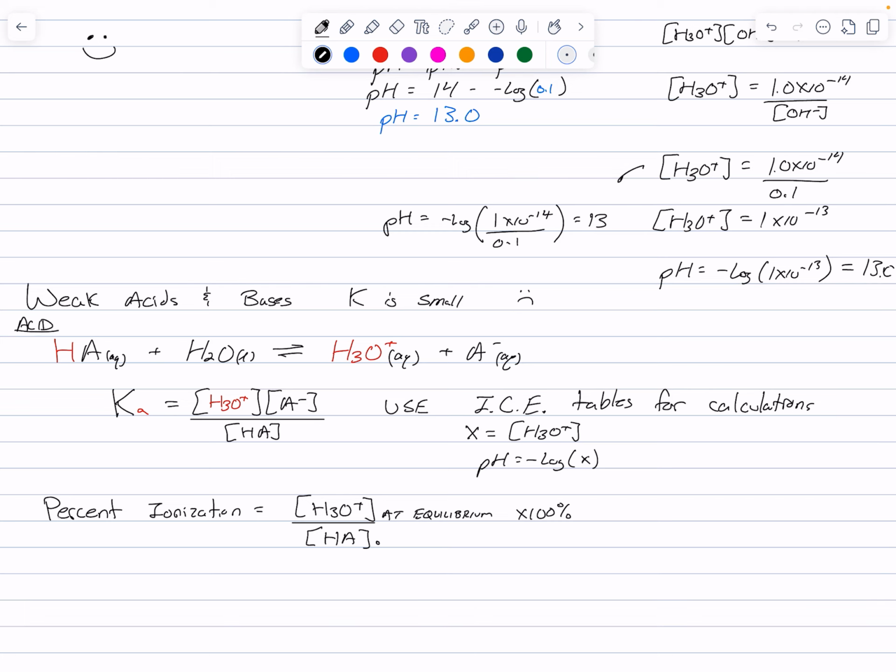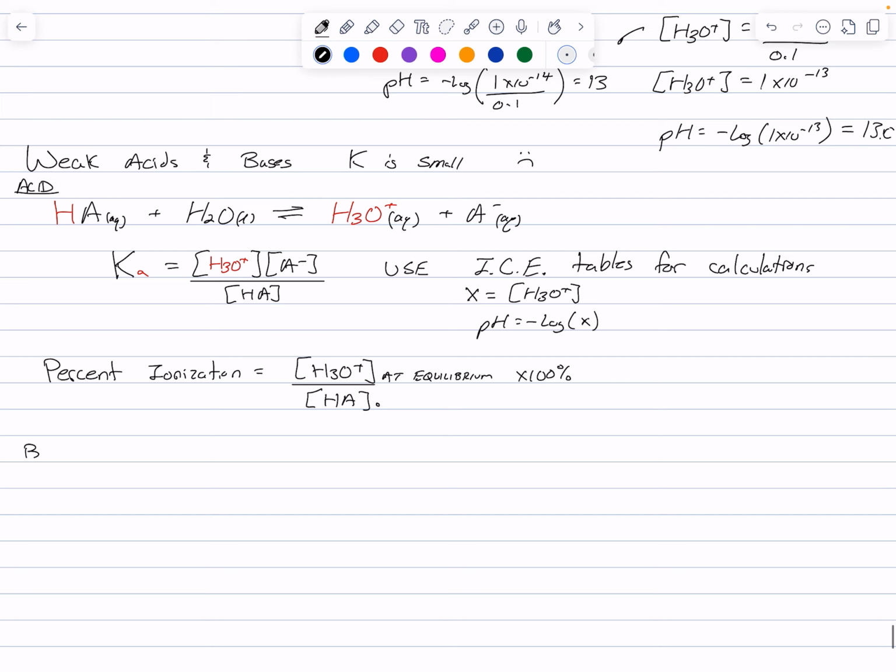All right, now base. Generic base B plus water, and we're going to get BH plus, the conjugate acid, and our hydroxide.